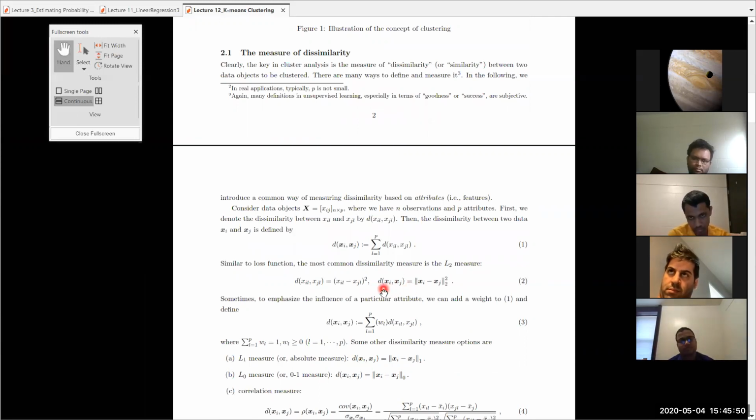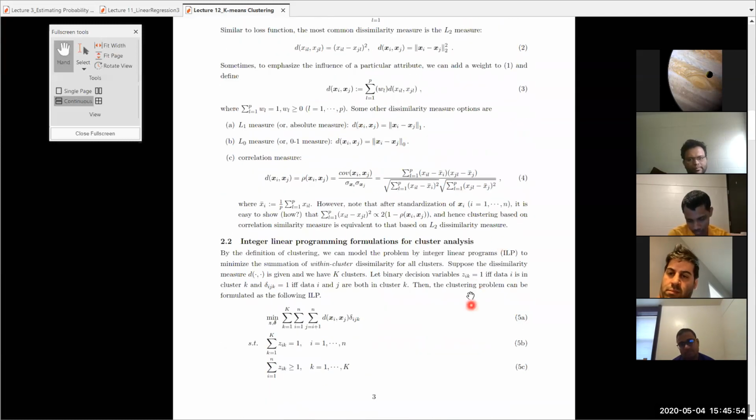In other words, for a given xi, xj, suppose this is a constant. What I'm going to do is kind of like an assignment problem. I'm going to define a binary decision variable zik equal to 1 if data i is set to be in cluster k, and I'm going to set delta ijk equal to 1 if both data i and j are in cluster k.